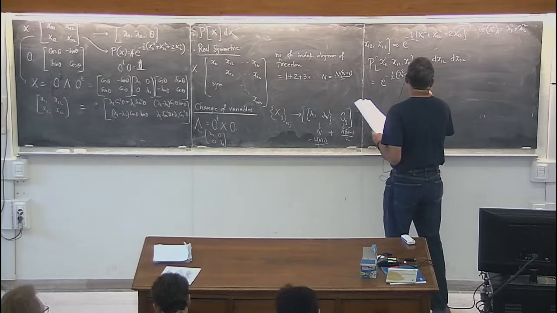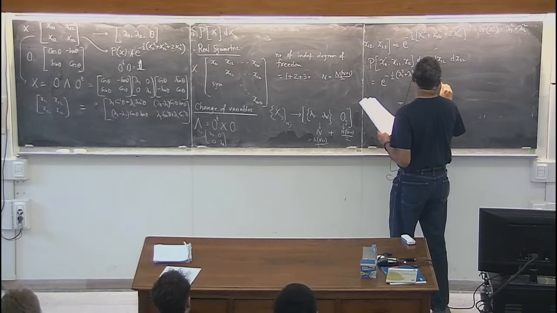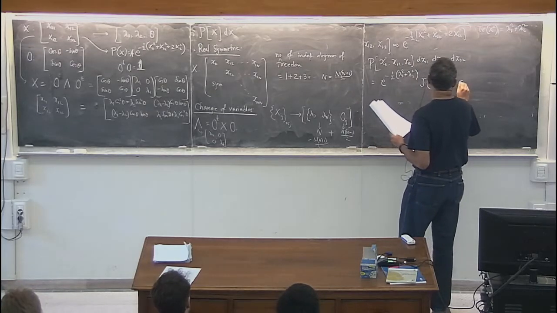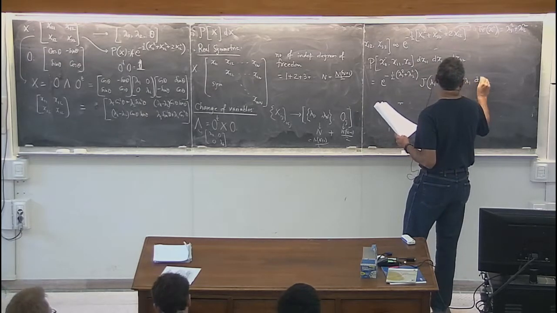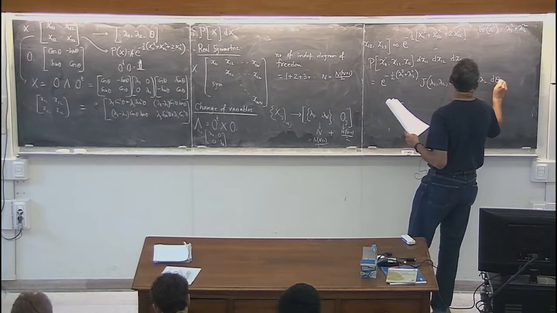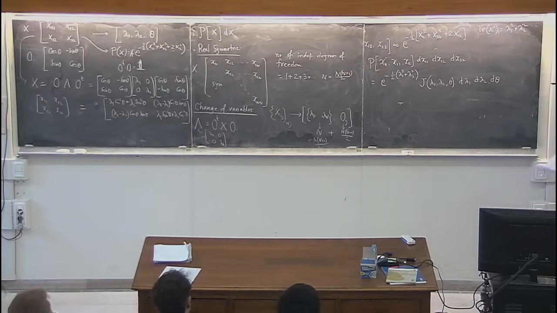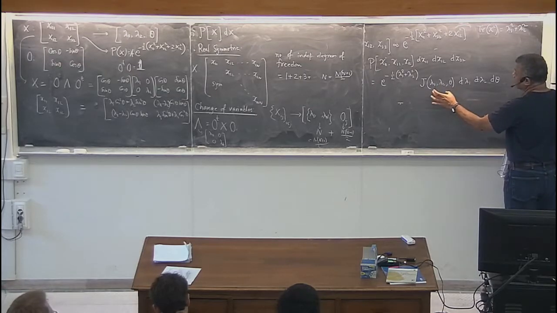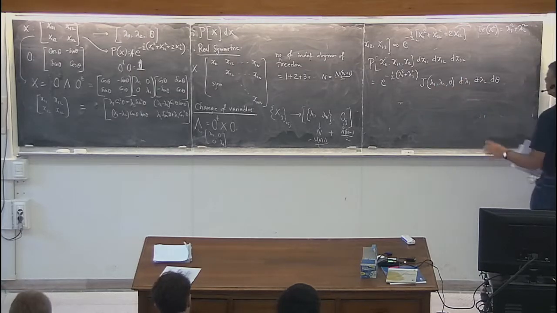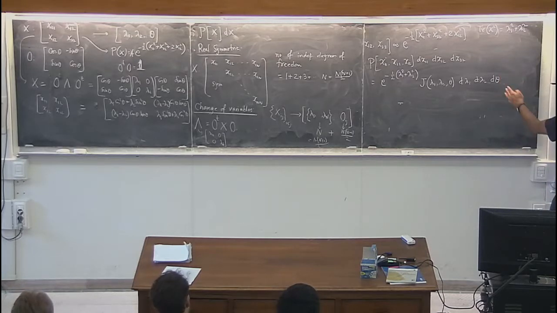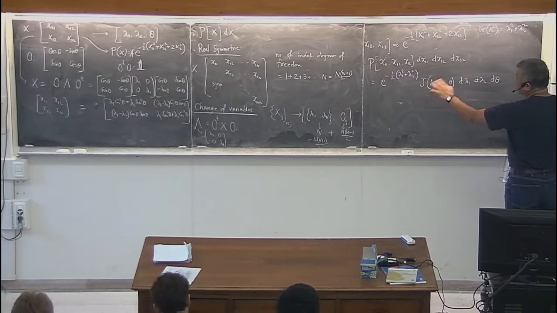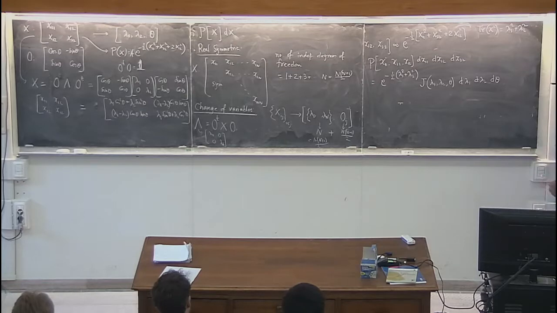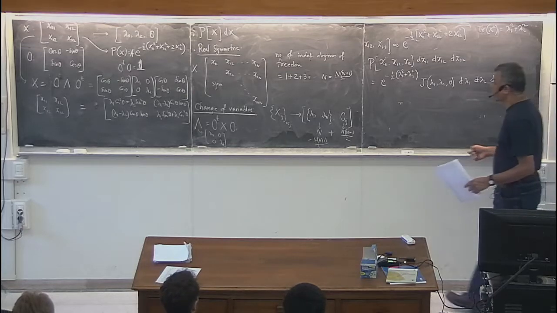And then I'll have this Jacobian term. So all I have to do is to calculate this Jacobian term, okay, and then I have to integrate over theta, the eigenvector degrees of freedom, to get the joint distribution of lambda 1 and lambda 2, right? So let's compute this Jacobian term.